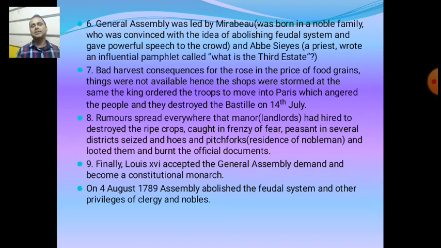After that, what happened? France turned into a constitutional monarchy from absolute monarchy.